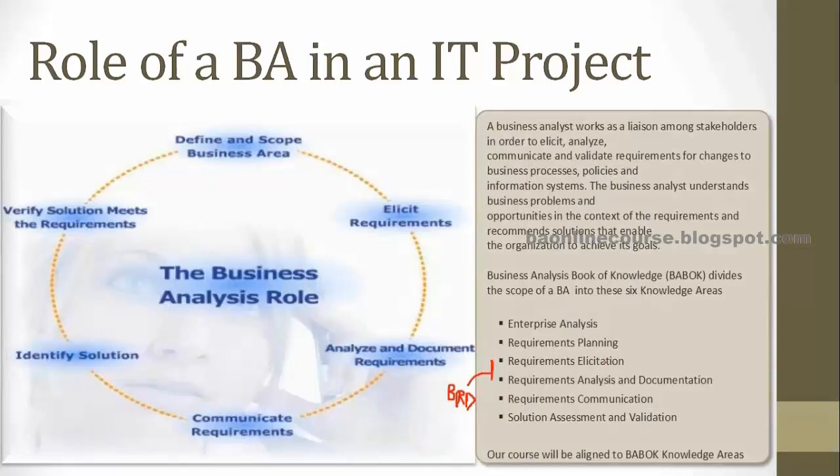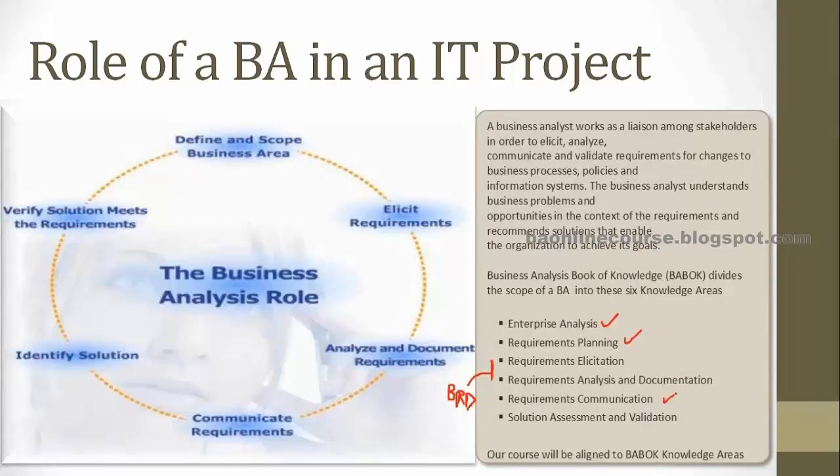Right. Apart from this, you also play a supporting role in the planning of the project. So you'd help plan for all your requirement related activities. You will help identify new projects and then prepare a business case for it. You will help gain approvals for the budgets and then start the project. You would also manage the communications.